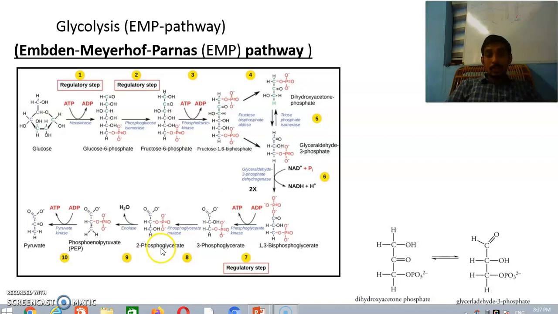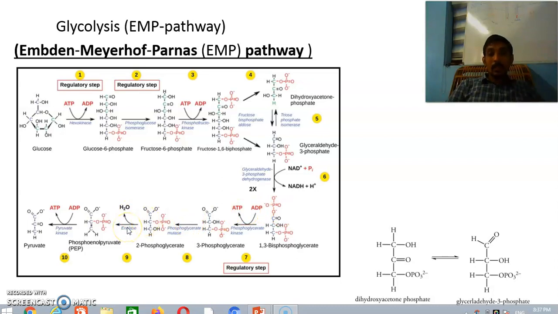So here 2-phosphoglycerate is converted into 2-phosphoenol pyruvate. In one reaction, one water molecule is released. So here two molecules are converted into two molecules of 2-phosphoenol pyruvate, so two water molecules get released. Here in the seventh step, 2 ATP are produced. In the eighth step, no ATP.